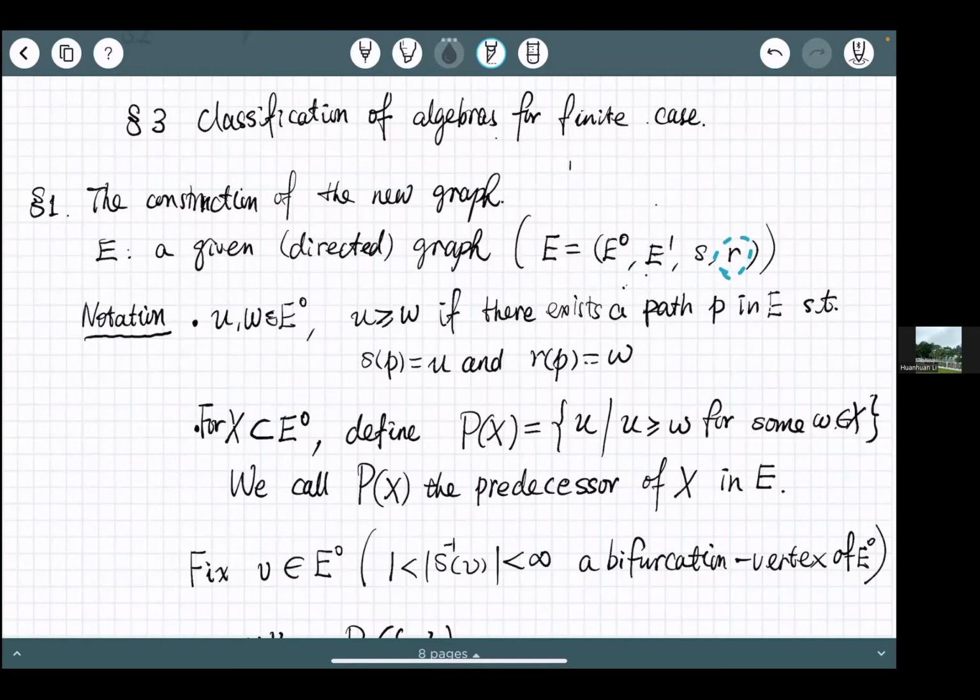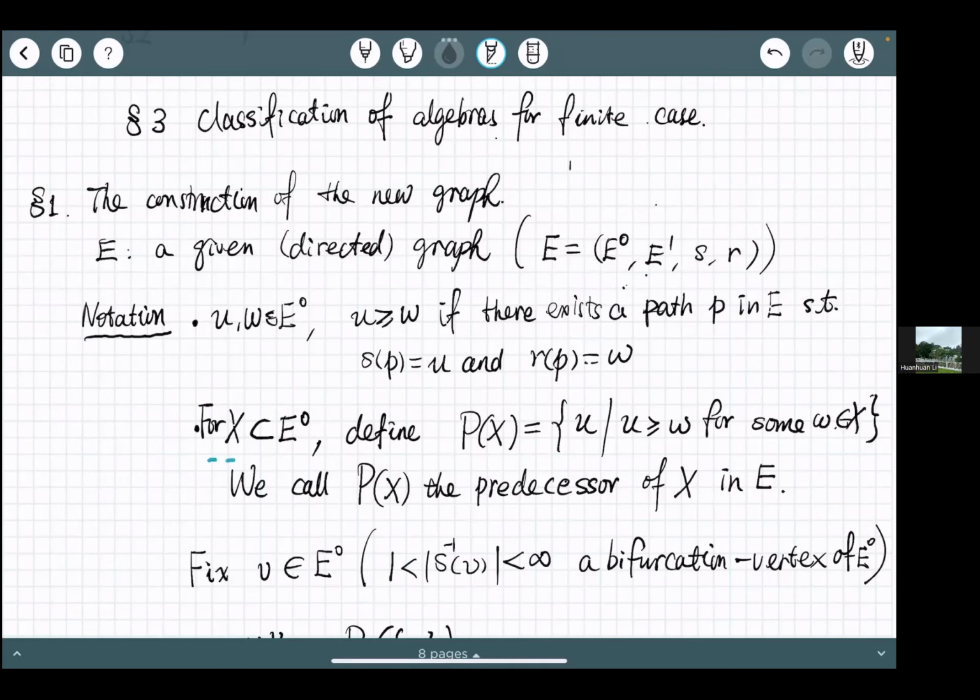Before we give the definition of the new graph, we have some notation. Given two vertices u and w in E0, we say u is greater or equal to w if there exists a path starting at u and ending at w.